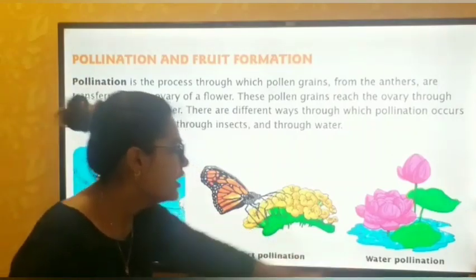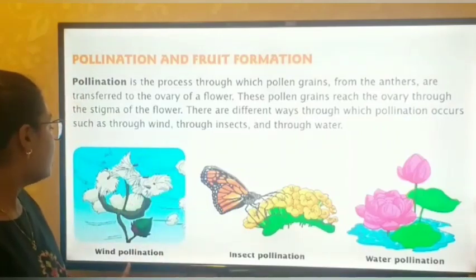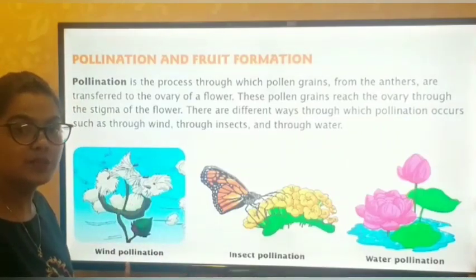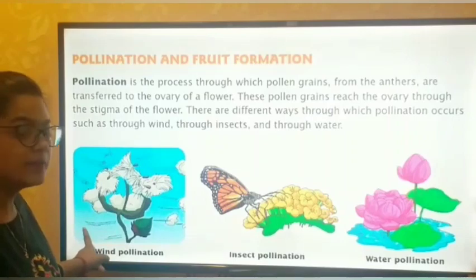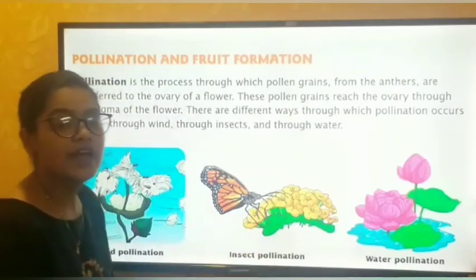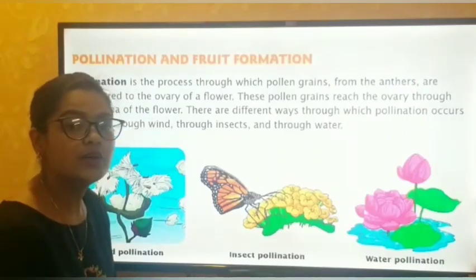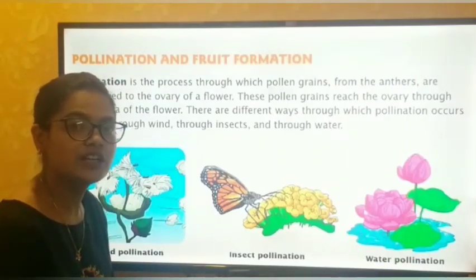And the third is by water. So there are three methods by which pollination takes place: by wind, by insect and by water. Now I will show you the figure so that you can understand pollination clearly.